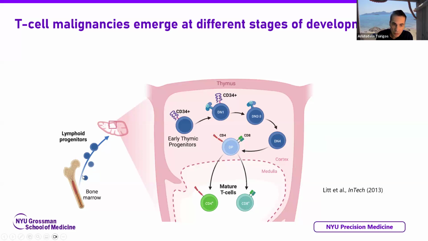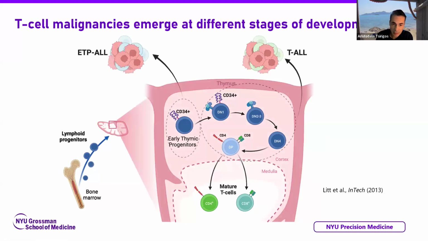The lymphoid progenitors migrate to the thymus, and then normally they undergo different stages of differentiation, eventually exiting the thymus as mature T cells. Now, what happens in leukemia and T-ALL is there's a block of differentiation because of mutations, translocations, fusion proteins, genetic lesions, and epigenetic changes that leave the cells essentially stuck at certain immature stages of differentiation, and they keep proliferating and create the leukemic blasts.